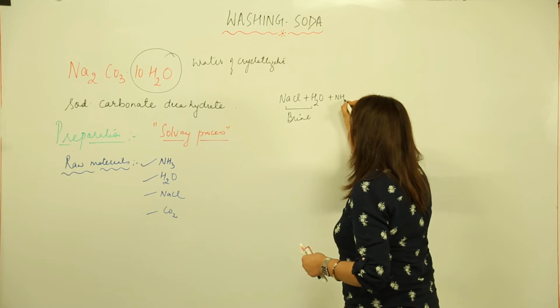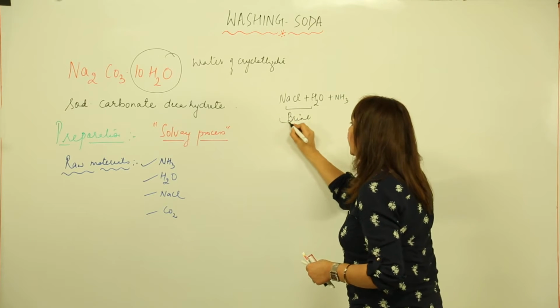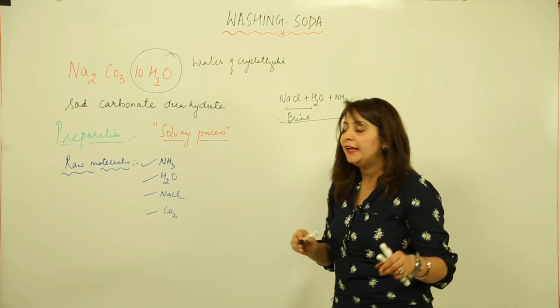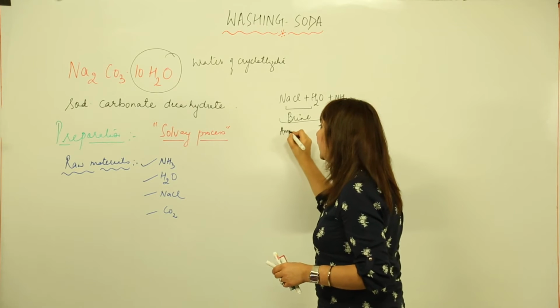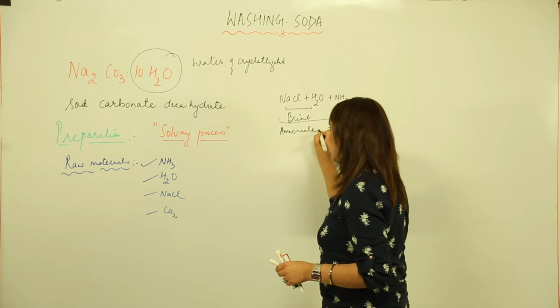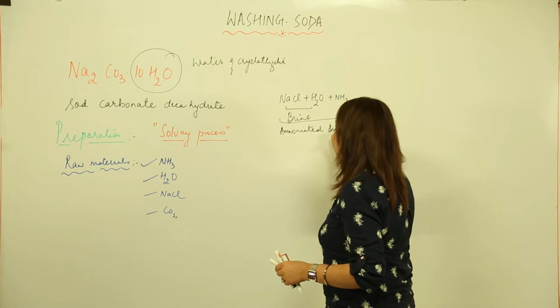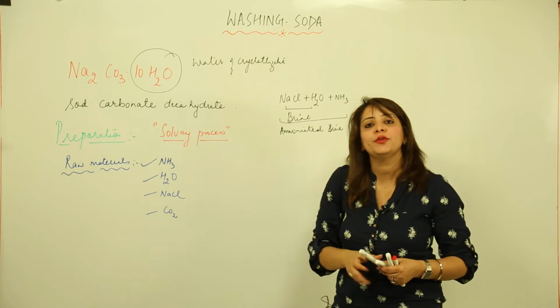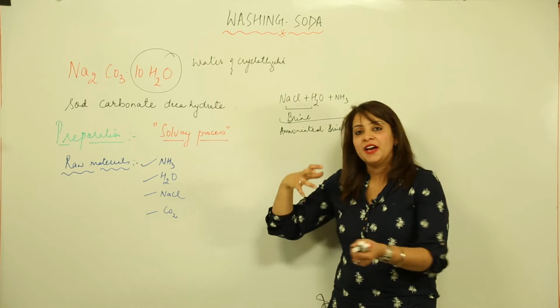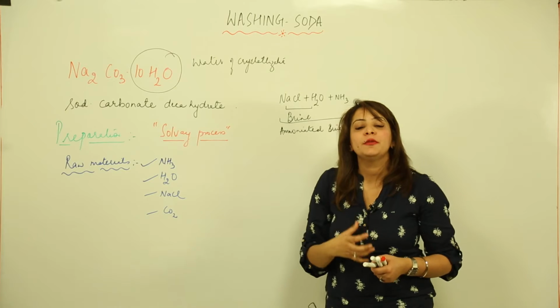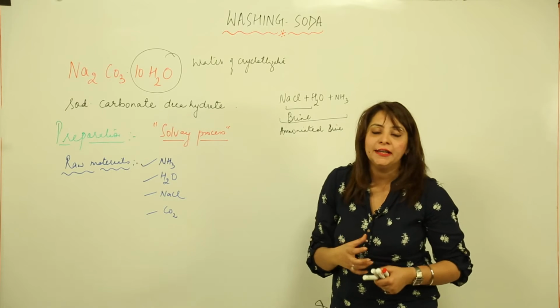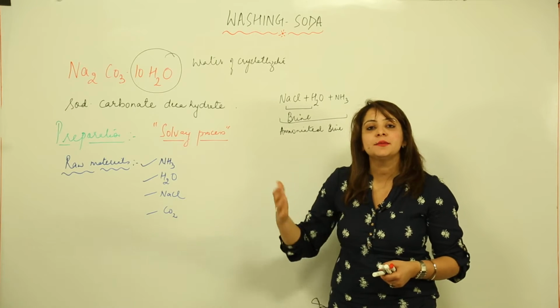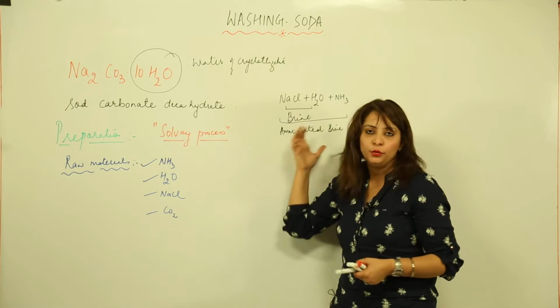When ammonia is mixed with brine, it is no longer called brine, it is called ammoniated brine. So we will have an ammoniated tower in which we form the ammoniated brine, by mixing the brine, that is the mixture of NaCl and water, with the ammonia.